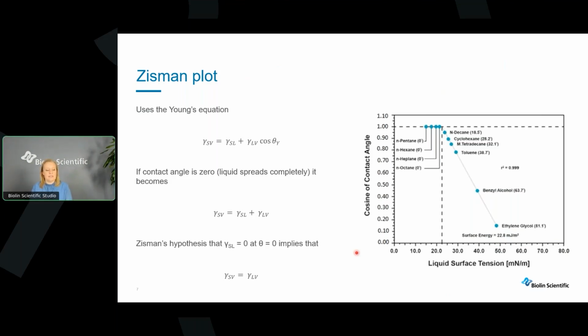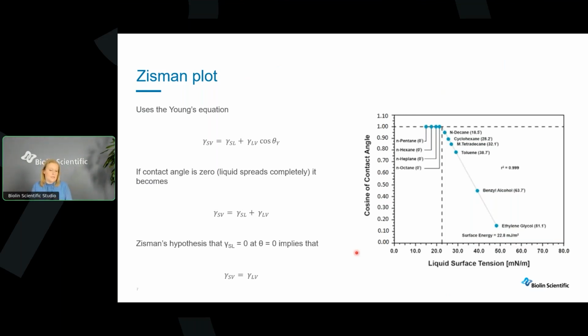So how this is done is that you have your solid surface and you have a set of different test liquids with different surface tension values, and then you place a droplet of each liquid on the surface, and you measure the contact angle between the liquid and the solid.